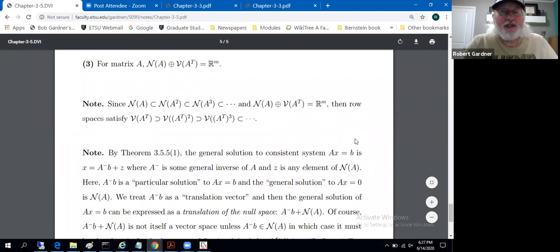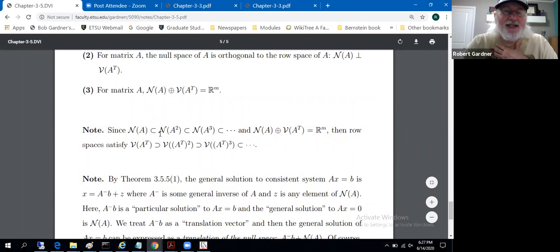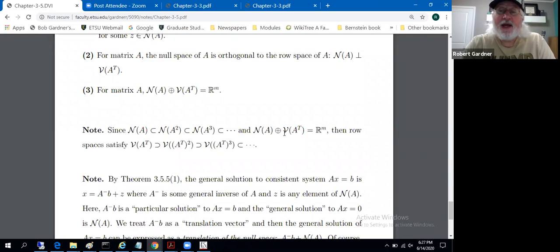Let's see, we saw upstairs null spaces, if we consider powers, right, we're comparing the null space of A to the null space of A squared to the null space of A cubed and so forth. It's a pretty specific setting, arguably. So we've got these nested null spaces. We also, when we take the null space of any matrix, direct sum the row space of that same matrix, get Rn.